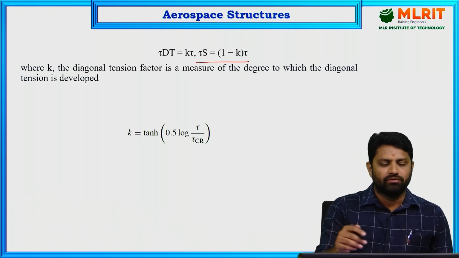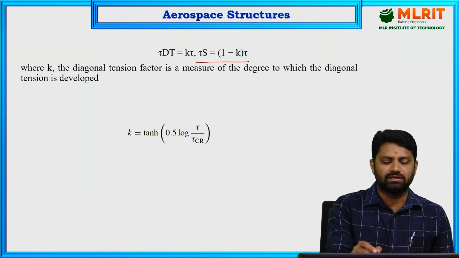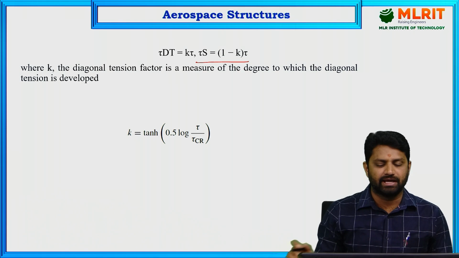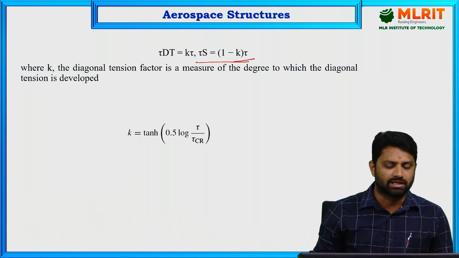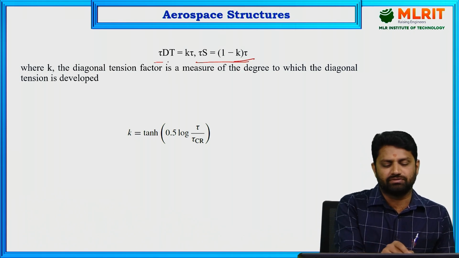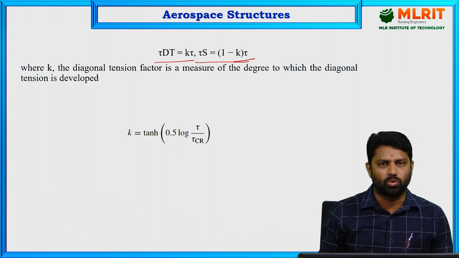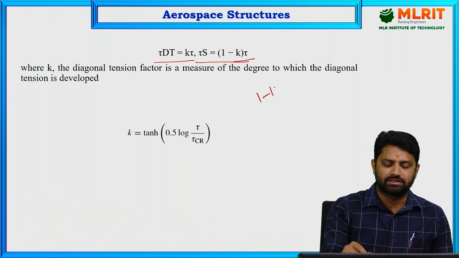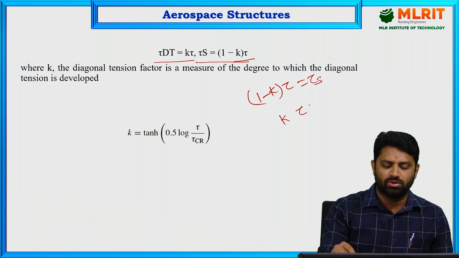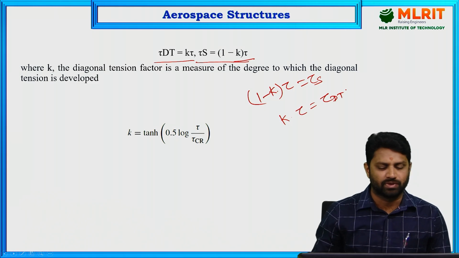Similarly, the diagonal tension stress we write as k into tau. So (1 minus k) tau is the true shear component, and k tau we consider as the diagonal tension stress.